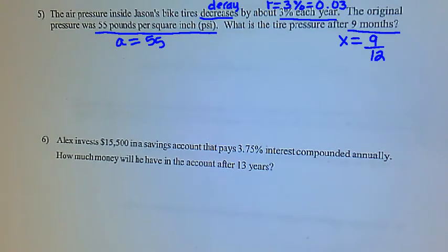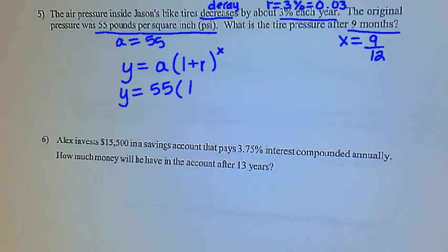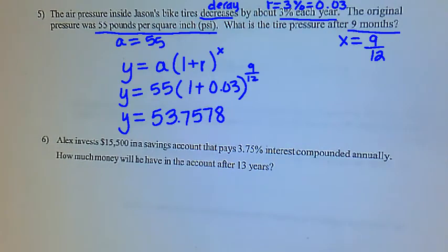Now I'm going to show you in the calculator as well. Okay, so Y equals A, 1 plus r raised to the x power equals 55 times 1 plus. Okay. So if we put this into our calculator, we would get 53.7578.